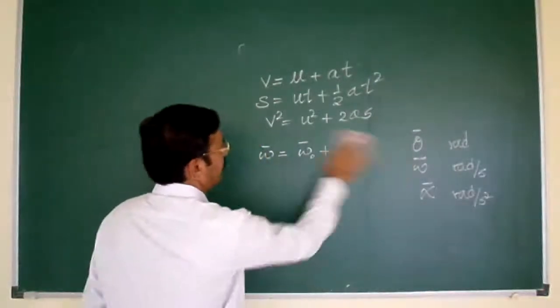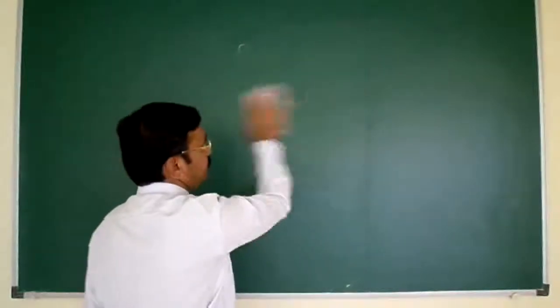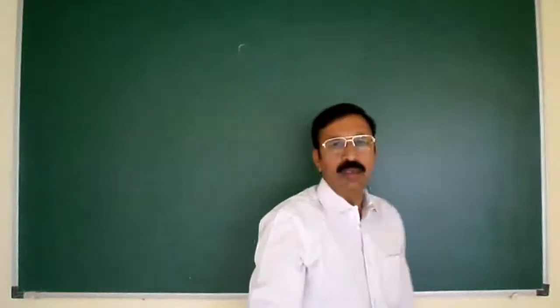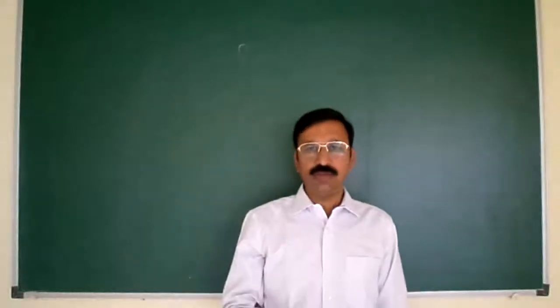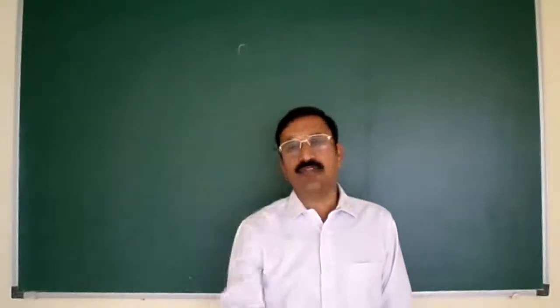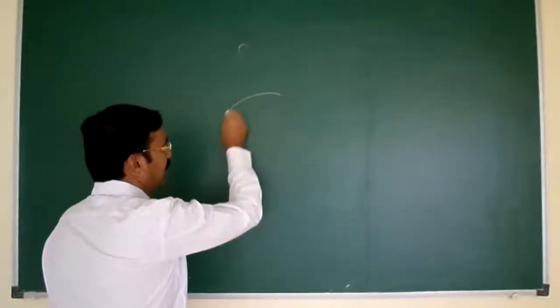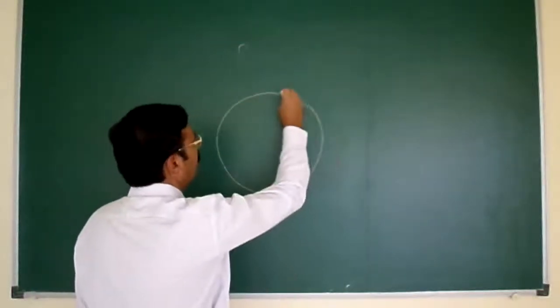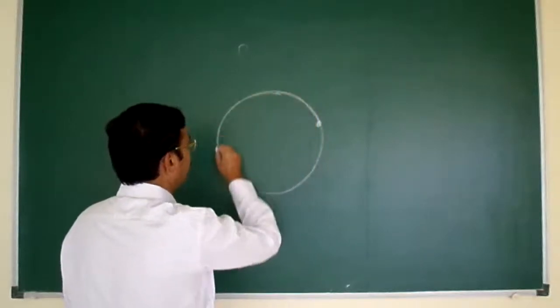Now as we are discussing circular motion, the rotational motion is also a special case of circular motion. As we have seen, in circular motion, the entire body moves along the circumference of the circle.